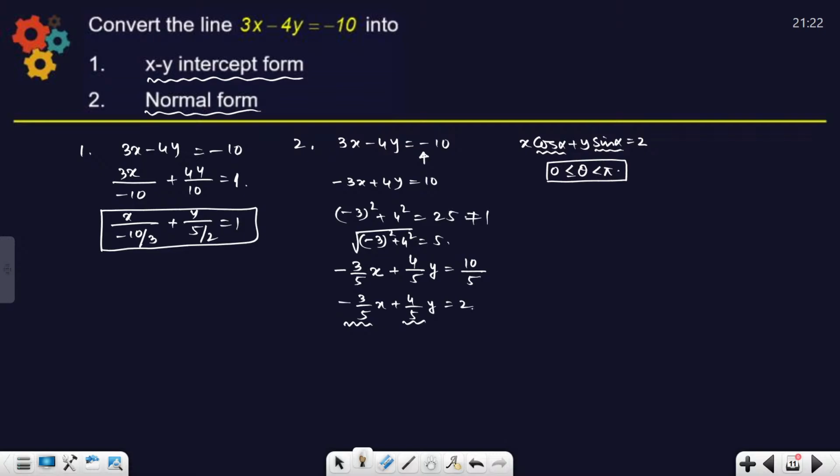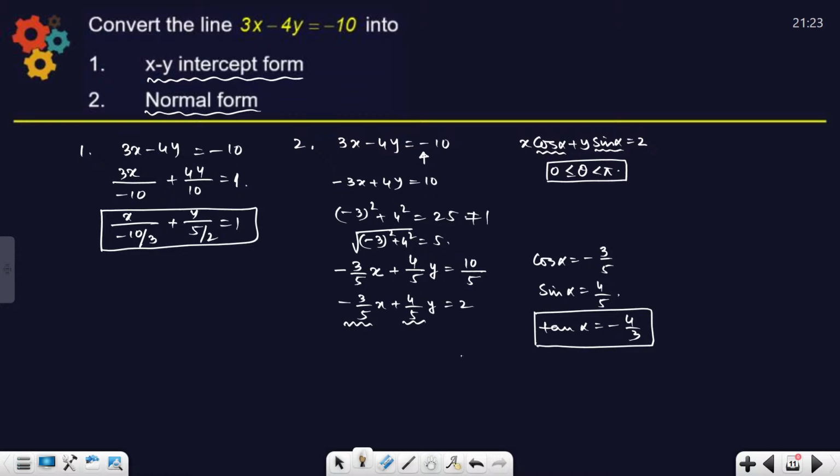It implies that your angle is an obtuse angle, right? So here cos alpha is minus 3 over 5 and sin alpha is 4 over 5. Therefore, we can write tan alpha is minus 4 over 3. Is it clear? Your tan alpha is minus 4 over 3.